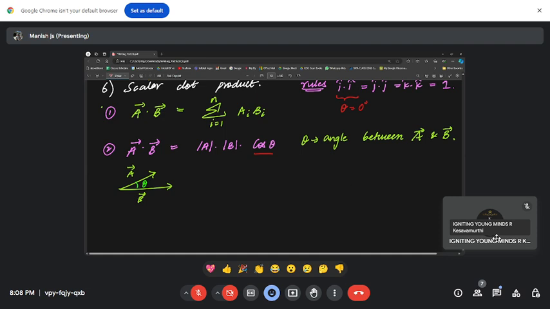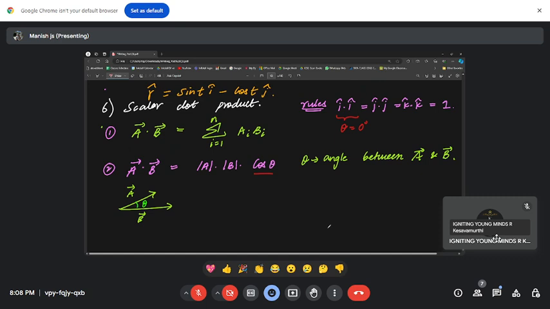What do I mean by a unit vector? One whose magnitude is unity, just 1. So 1 times 1 into cos 0 degrees will fetch you the answer as 1. The same goes for j dot j, and the same goes for k dot k as well. That is the reason i dot i, j dot j, k dot k is 1.